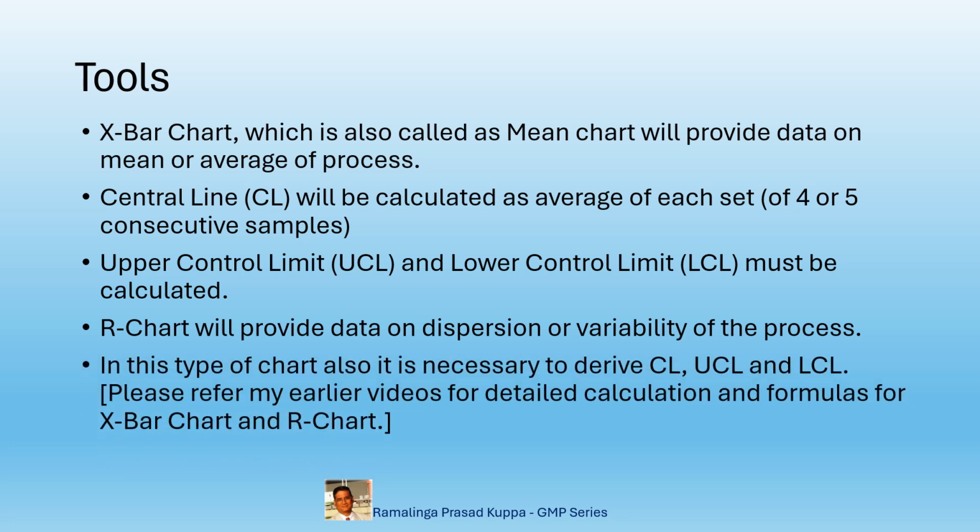In this type of chart also, it is necessary to derive the central line CL, upper control limit UCL, and lower control limit LCL. Please refer to my earlier videos for detailed calculation and formulas for X bar chart and R chart. So in this case also the explanation will be given in the next slide.